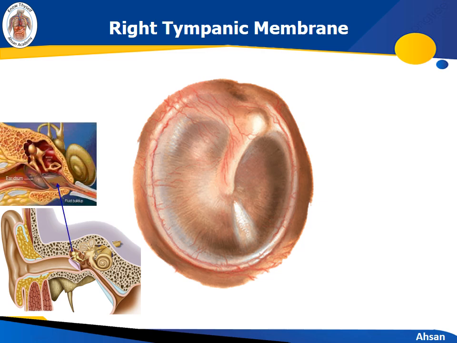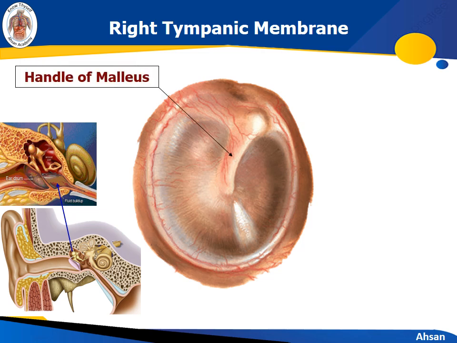This is the tympanic cavity, you can see, and this is the outer surface, and this is the handle of the malleus, which can be seen from the outer part. It is actually fixed on the inner side of the membrane.